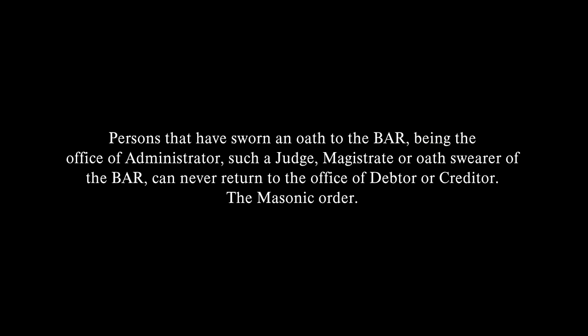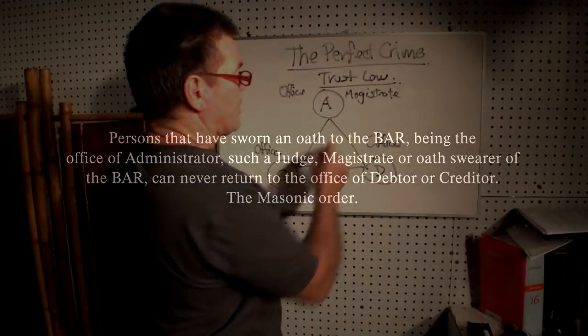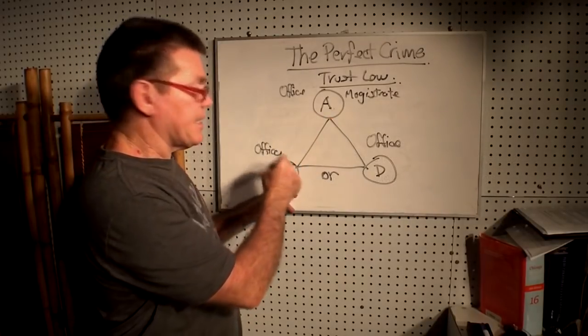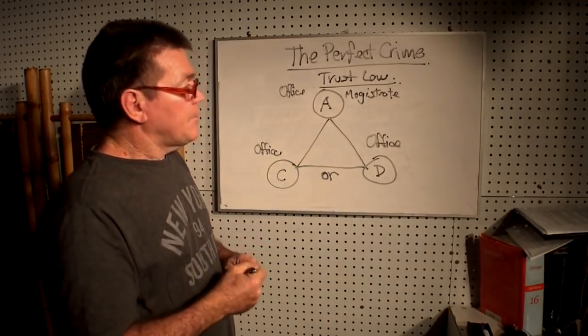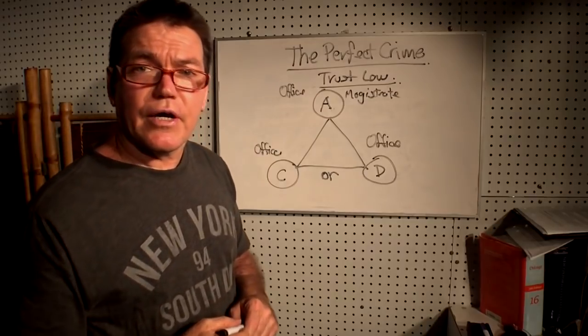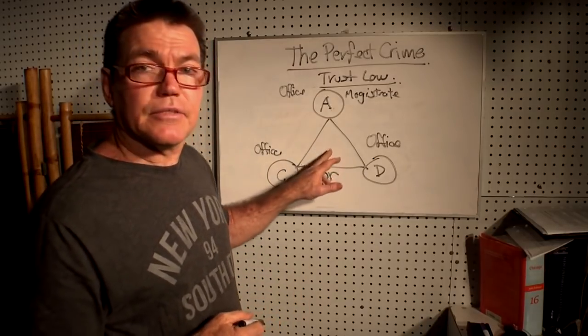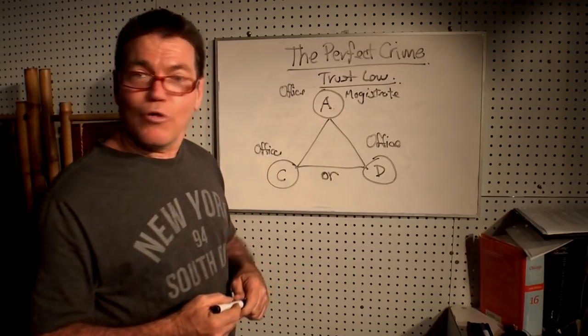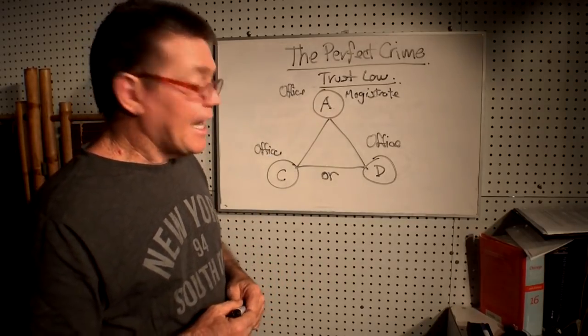And if a magistrate or a judge ever attempts to act as the creditor or ever attempts to step down here, then the magistrate will surely die. He won't last. The Vatican will make sure he doesn't last, and rightly so.